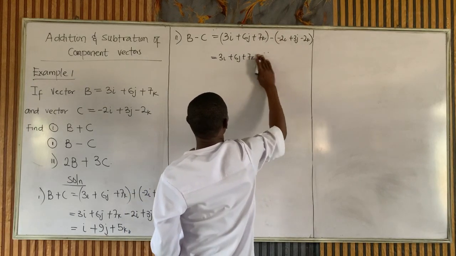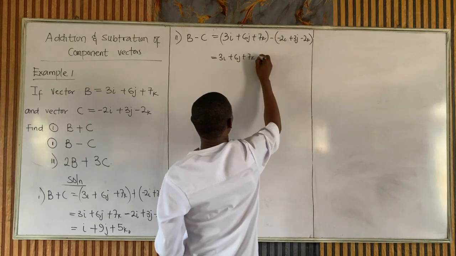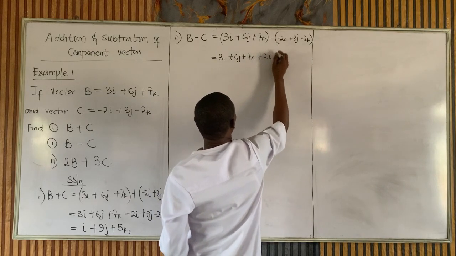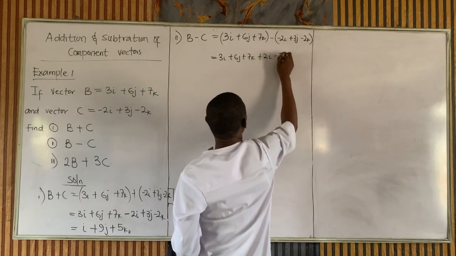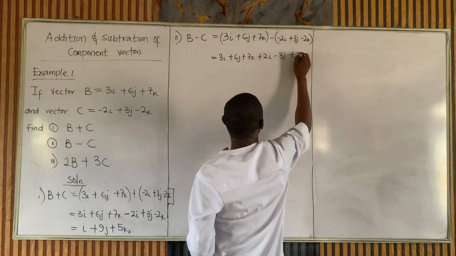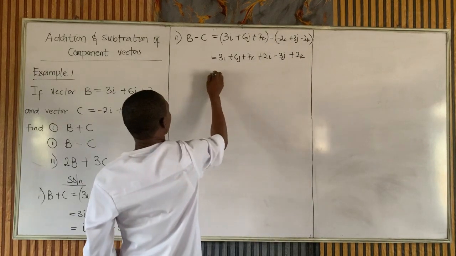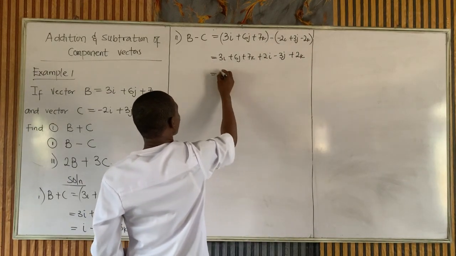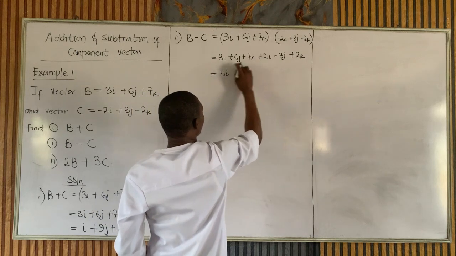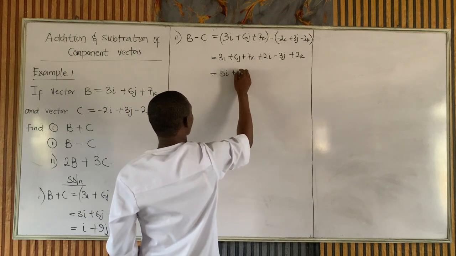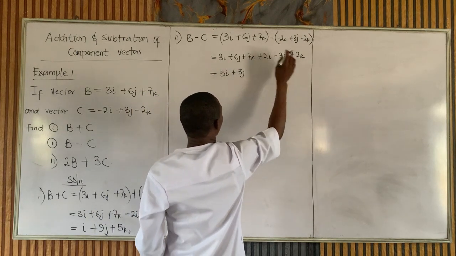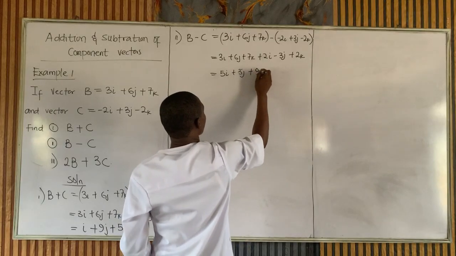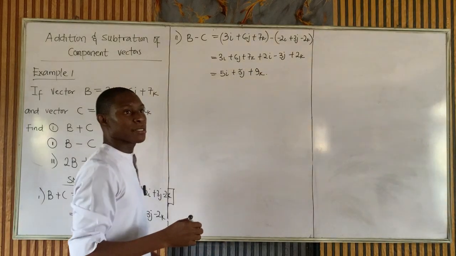So minus times minus is plus: plus 2i minus 3j and then plus 2k. So eventually this is going to give us 3i plus 2i, which is 5i. Then 6j minus 3j is going to give us plus 3j. And then 7k plus 2k is going to give us 9k. So this is b minus c.